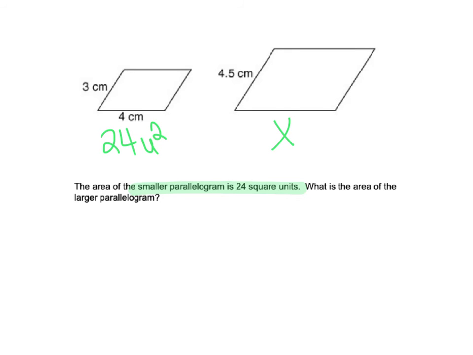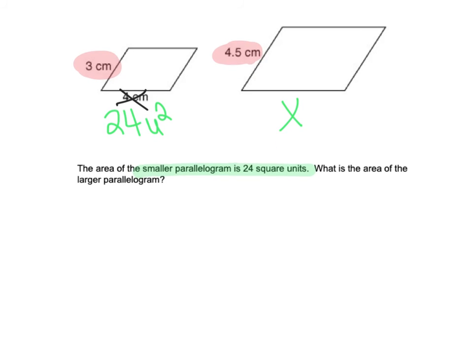We do need to make sure that we are using corresponding sides, so if I'm using 3 over here, I'm using 4.5, and since we don't have anything that corresponds to 4, we are not even going to use 4. That's just extra information, so we are not necessarily going to use every piece of information that's given to us.